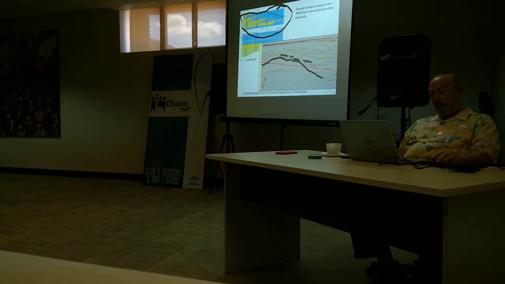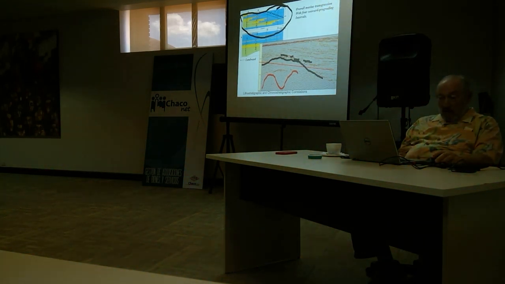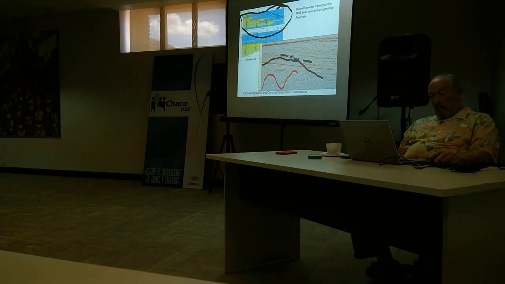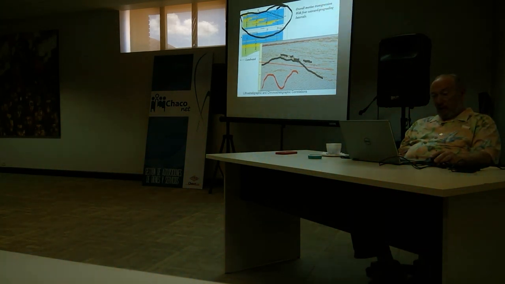So let's go back to our sea level curve here. So we've got marine transgression over here, we'll say, and we've got all those high frequency cycles superimposed on that.